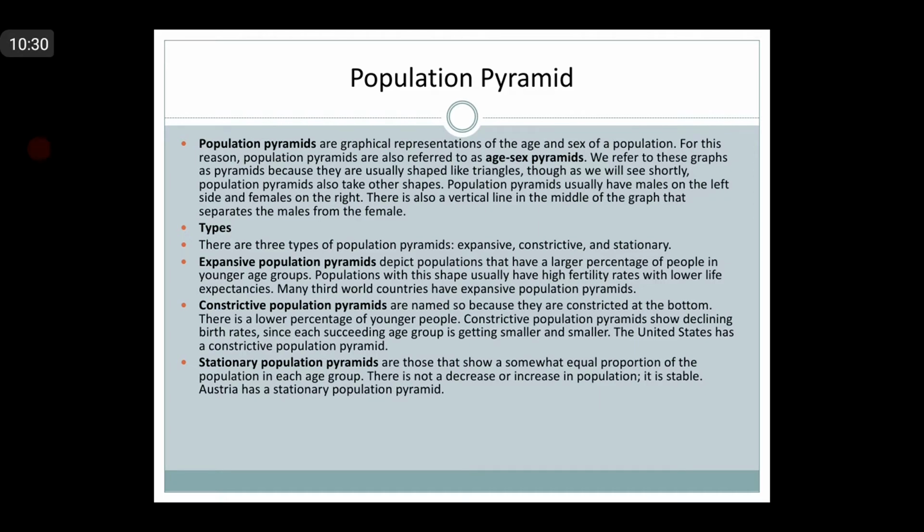Now, coming to the age sex pyramid, I told you that there are three important types, which can easily be noticed: expanding population, constant population, and declining population. All these populations reflect different pyramids. Okay, population pyramids.